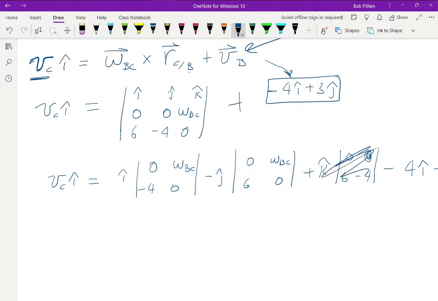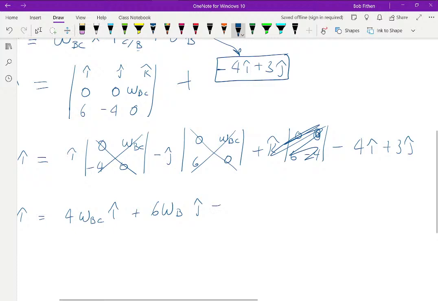This one gives you nothing. The final equation gives you this: I plus, and then minus that, but it's a minus already. Here, 4 omega BC I, plus 6 omega BC J, minus 4I plus 3J.